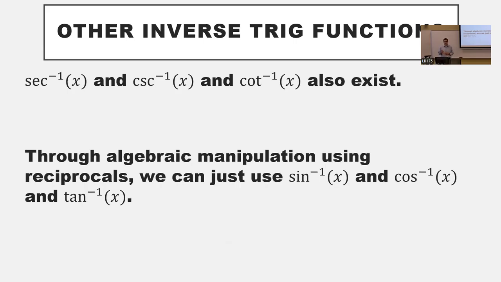So in the same way, to do inverse secant, we can write everything as cosine and take an inverse cosine of something. To do an inverse cosecant, we can write everything in terms of sine and then take an inverse sine of something. To do inverse cotangent, you can do inverse of tangent of something else through reciprocals. So usually we focus on the cosine, the sine, and the tangent ones. And then the others, we kind of just say, yep, we could do those too if we wanted to.